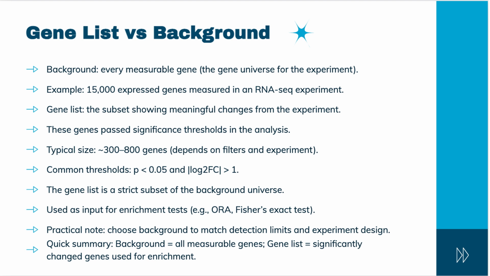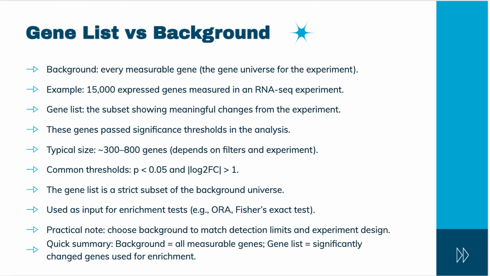Now, moving on to the differences between the gene list and the background list, we are considering the background to be every measurable gene. For example, when we conduct an RNA sequencing experiment, every gene that was measured in that particular experiment would be in our background list. Now, with the gene list, we are looking at a subset of meaningful change genes.